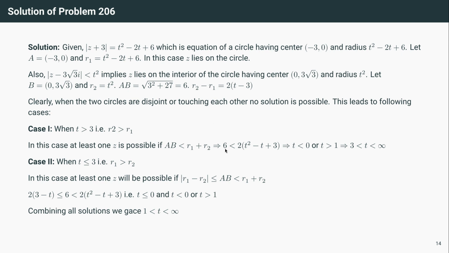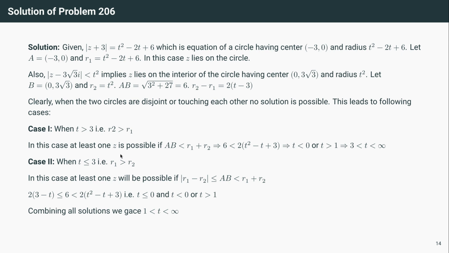We substitute the values of AB, R1 and R2 and get the values of t. From this equation, t is either less than 0, but here t is greater than 3, so it is invalid. The second case is t greater than 1. So from t greater than 1 and t greater than 3, the solution which satisfies the inequality is t greater than 3 and less than infinity.